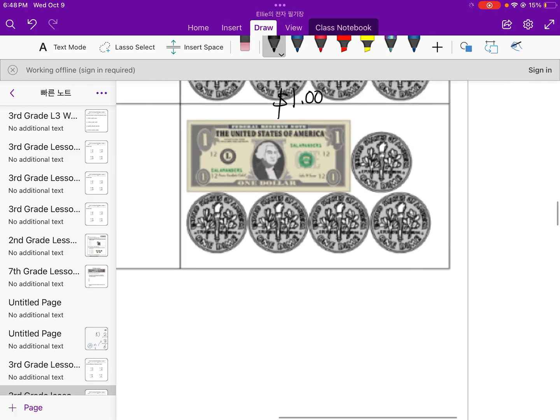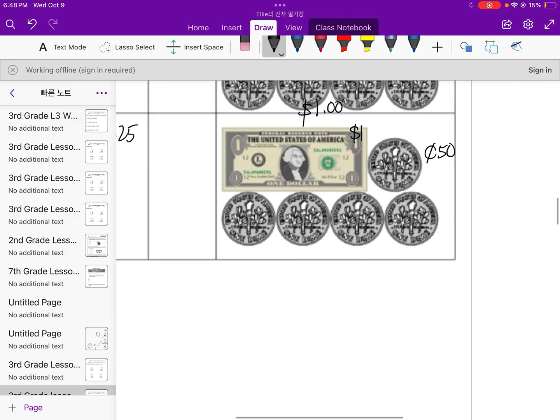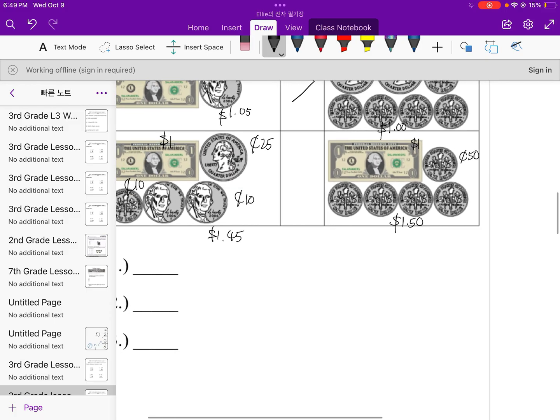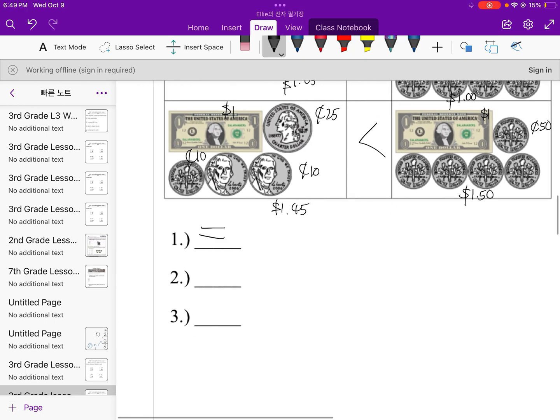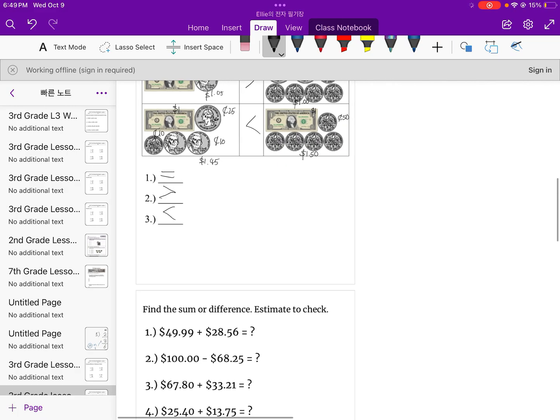And for the right side, we have $1 here, and this is 5 dimes again, so this is 50 cents. So we're gonna have $1.50. So the right side is bigger.